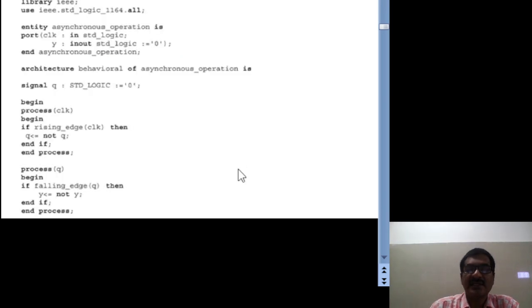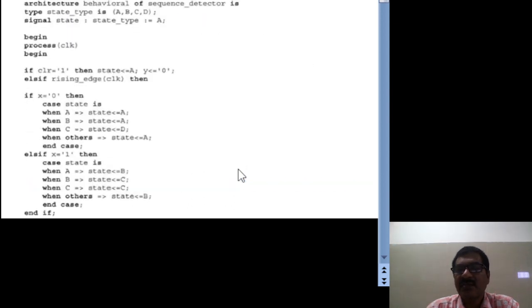Here is one program, but this program is not with reference to synchronous. Let us see the previous program. Already we have seen the sequence detector case in the previous session. The program is, see here, process of clock. Within it there is an if statement, with many assignment statements for when x is 0 and when x is 1.